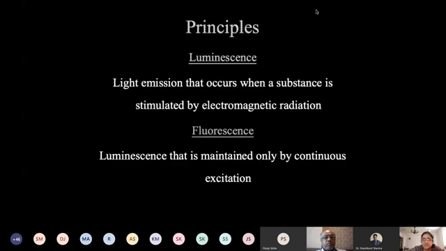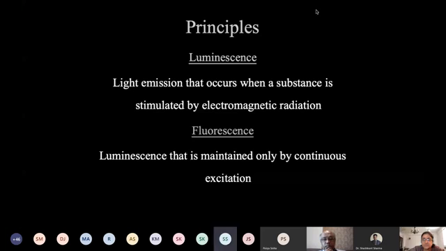So coming to the principle of fundus fluorescein angiography, we must first understand what luminescence is and what fluorescence is.